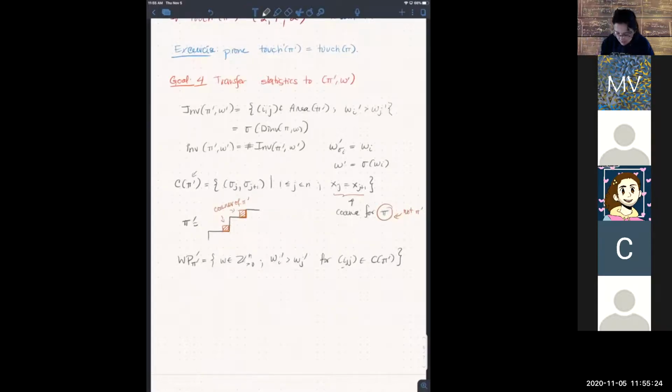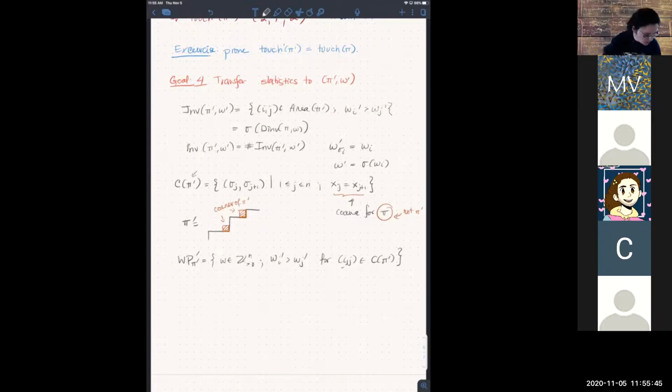But essentially what ends up happening is that if you look at the word and the inequalities that said you're in this column, so this run in the word has to be strictly decreasing, the permutation takes those entries in the word to precisely the entries that the corners are measuring or labeling.